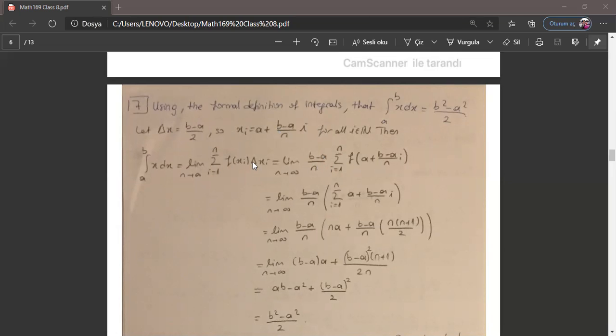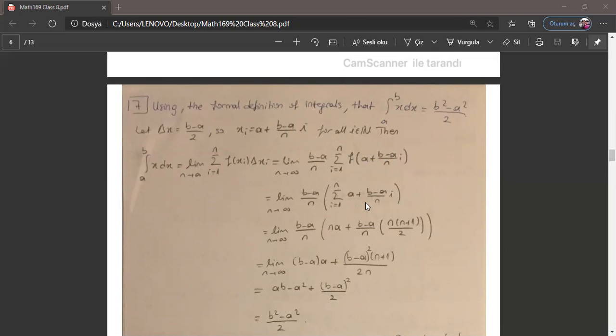And we have here x_i is this, that's why we write it there. And we use the definition of the function, which is f of x equals x, right? So we write exactly the inside sum as the argument of the function because f of x equals x. So if we write a plus (b minus a) over n times i instead of x, we get the same.